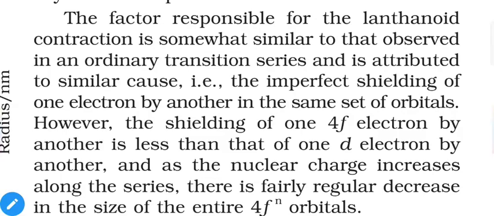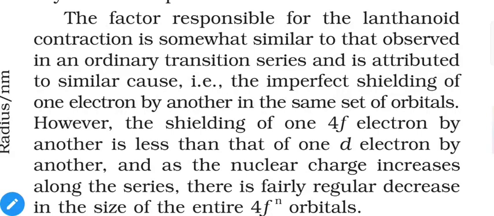The factor responsible for the lanthanide contraction is somewhat similar to that observed in the ordinary transition series and is attributed to a similar cause, that is the imperfect shielding of one electron by another in the same set of orbitals. However, the shielding of one 4f electron by another is less than that of one d electron by another.